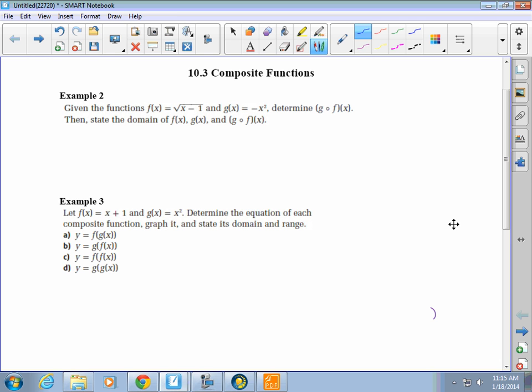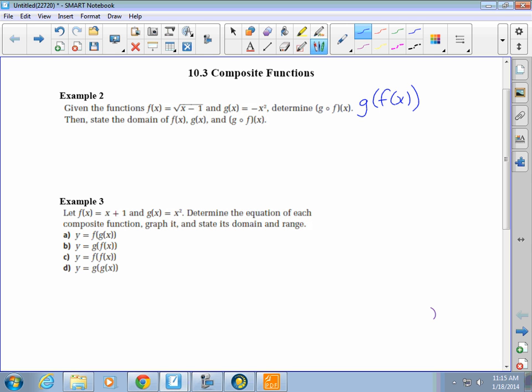The way this is written then is you're writing g of f of x. So before when we were doing it we did f times g of x or f plus g of x, depending on which way you wrote it. So this is called g of f of x. So what you're doing is you're composing the f function into the g function to get a new function out of it.